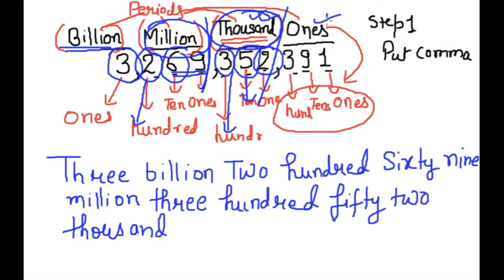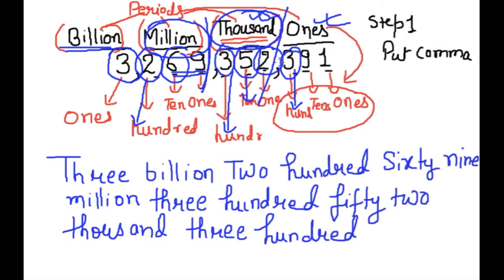Now come to this period. This is 3, so we will write 3. The place value of 3 is 100, so 300. Now come to 9.